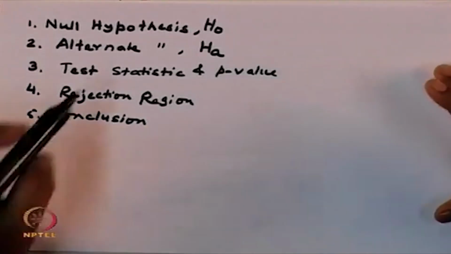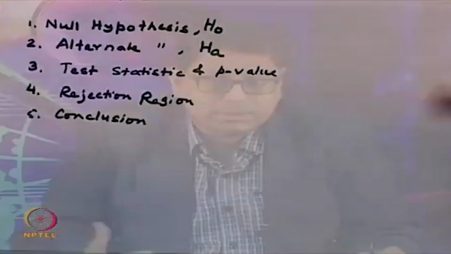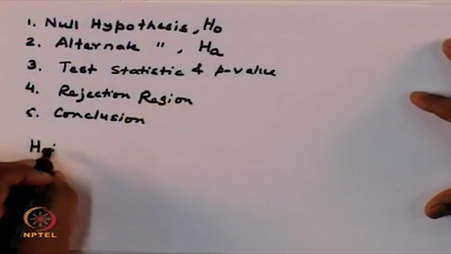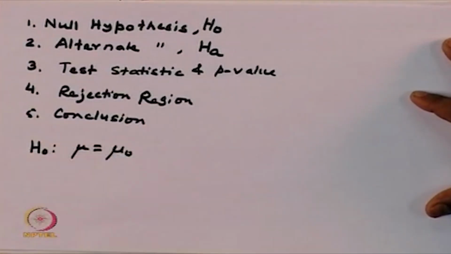Okay. So, the null hypothesis, let us say our agenda is to see whether the productivity of a line or a company has increased or decreased, or even to test what it is. Okay. So, in that case my null hypothesis can mean, let us say, mu is equal to mu naught. Okay.